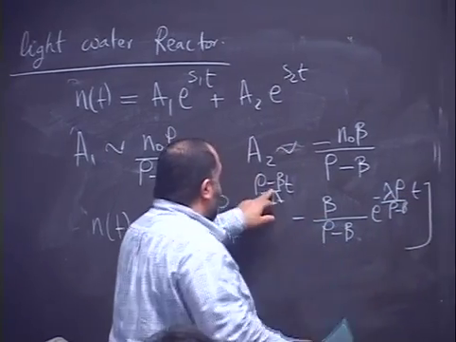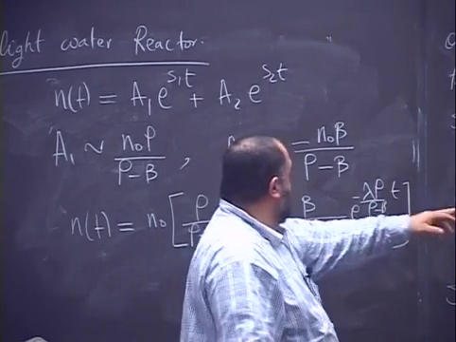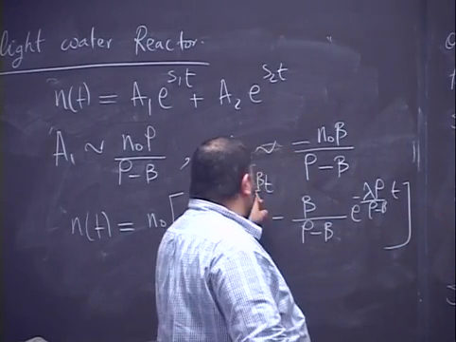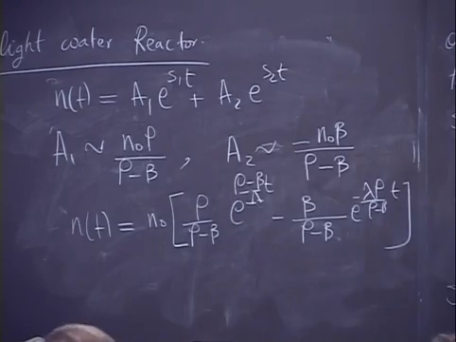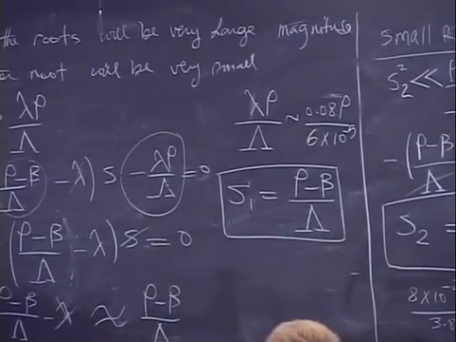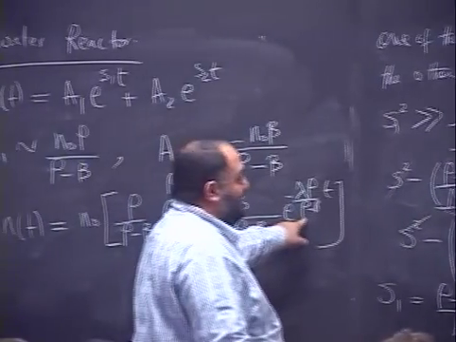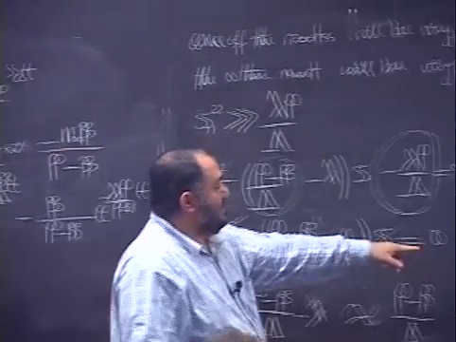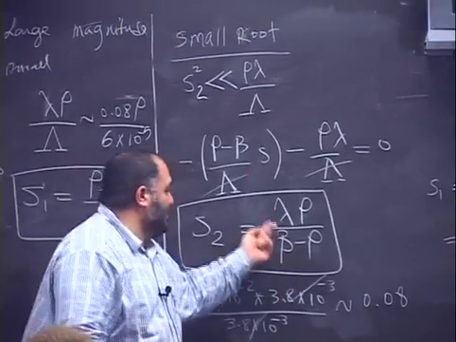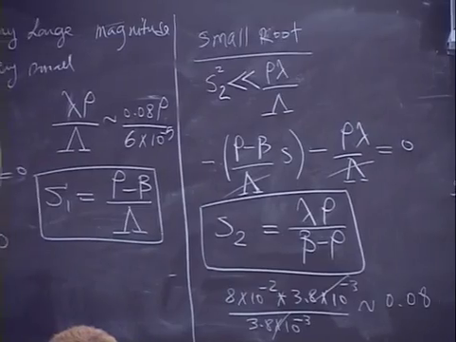This is S1 and S2. Rho minus beta over gamma is this one, and lambda rho over rho minus beta is this one here. I make it rho minus beta, and I got the negative sign out.